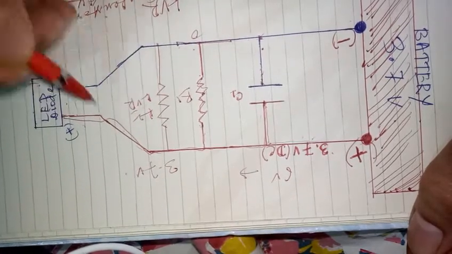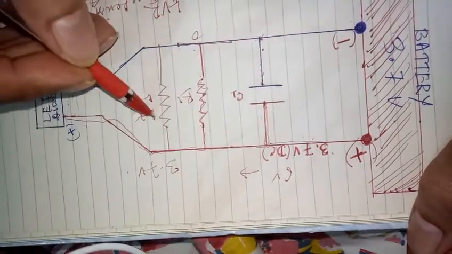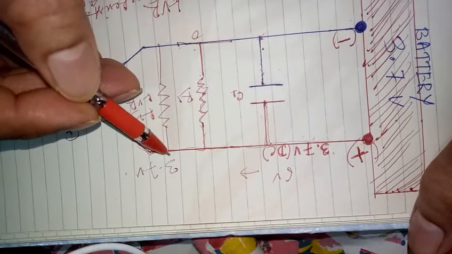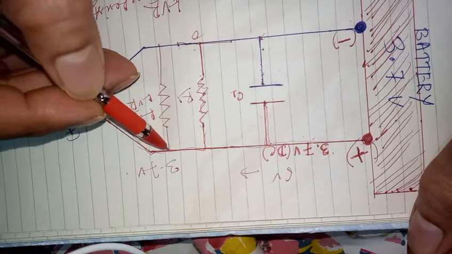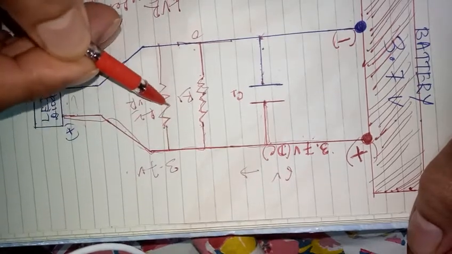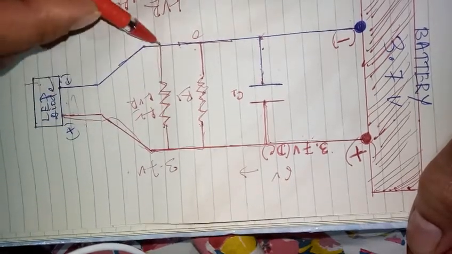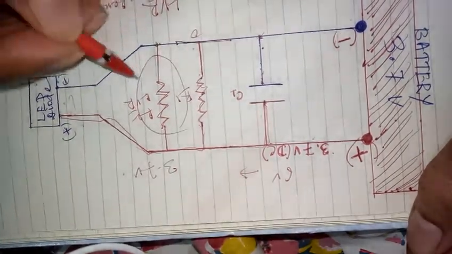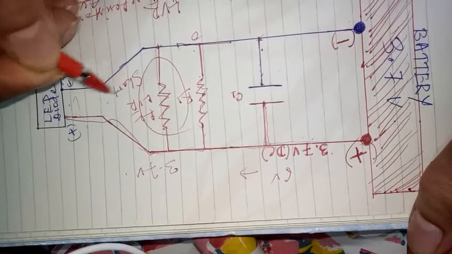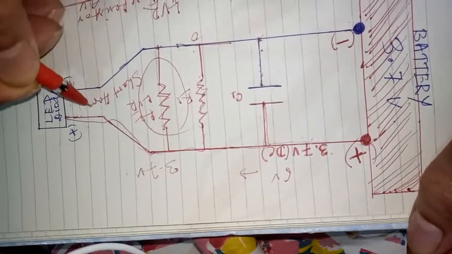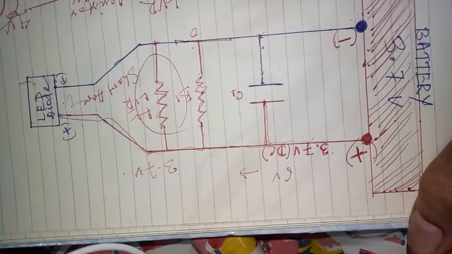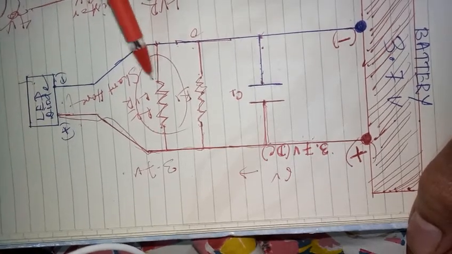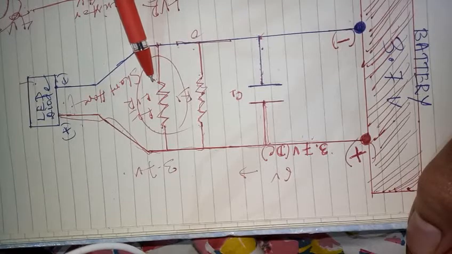This one is R1, this one is R2. When 3.7 volt comes here, the total 3.7 will be connected to ground, so it will make a short circuit here. Did you understand? So the LVR is never used in parallel connection.